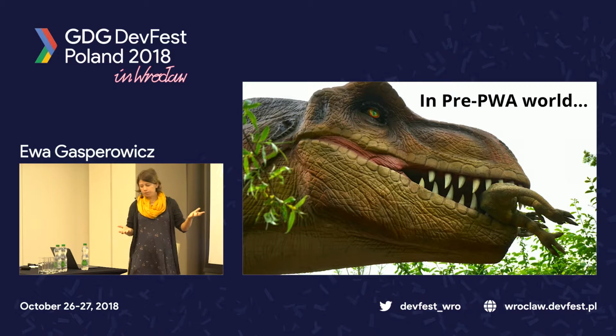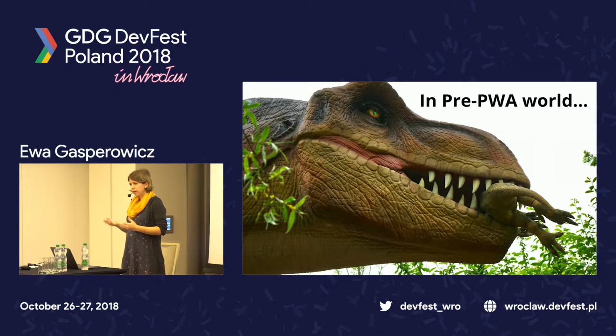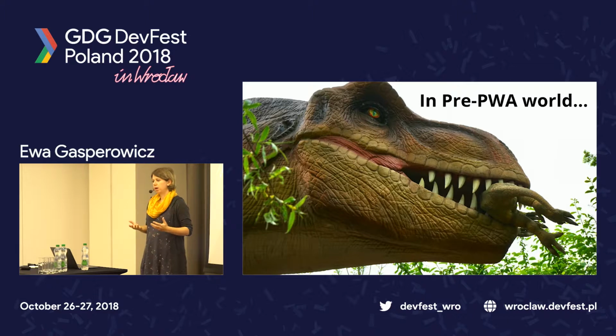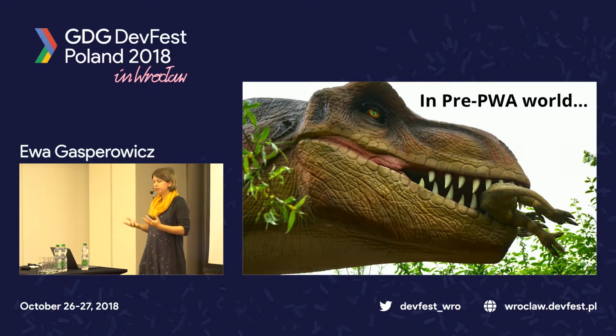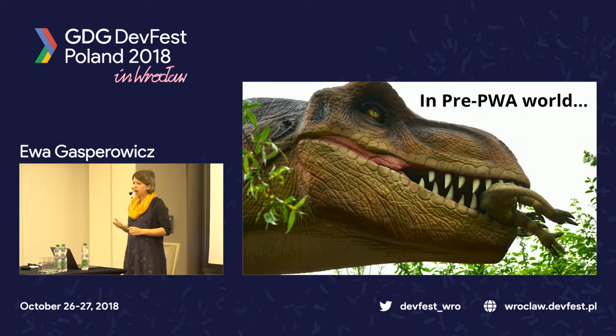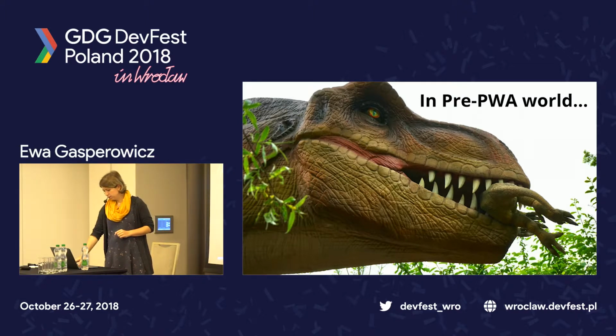So, progressive web apps, as you all probably know, are websites and web apps that work smoothly on all kinds of devices and have similar capabilities to native apps on mobile. And before the progressive web app movement, our options in terms of web apps were pretty limited.